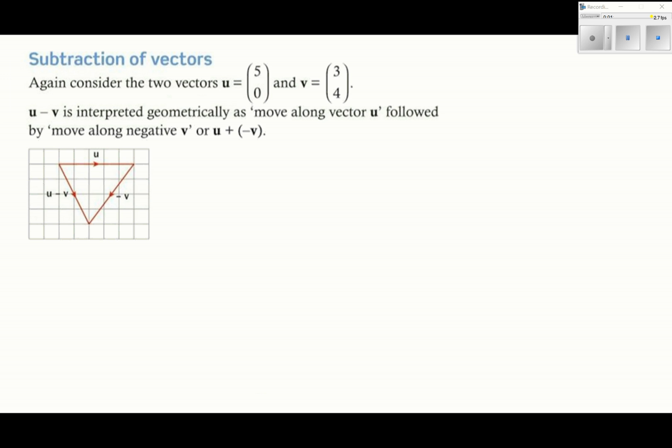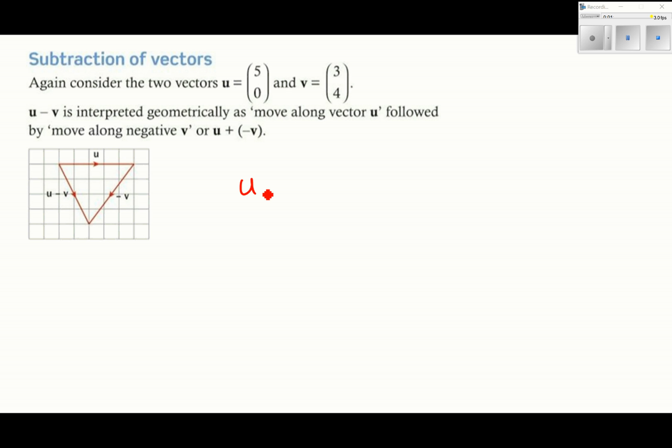Now we can also talk about subtraction of vectors. Again, using these two vectors, (5, 0) and (3, 4), u minus v is interpreted geometrically as a move along vector u followed by a move along the negative of vector v. We write this more often as addition of that negative piece. So u plus a negative v would be the same as u minus v.